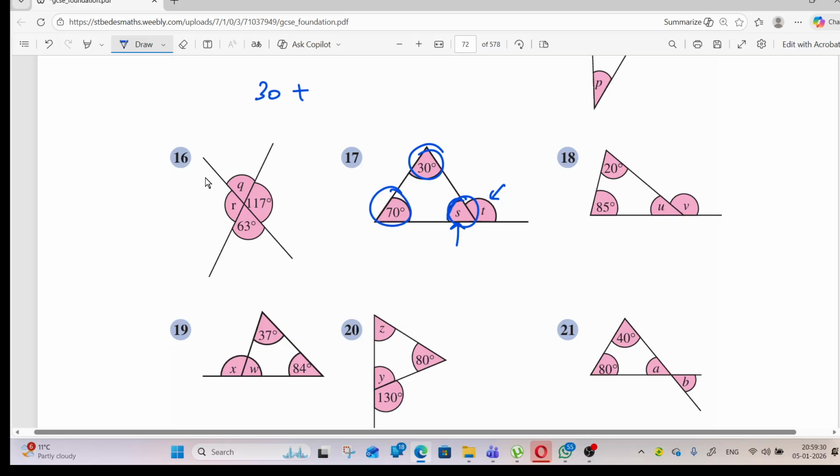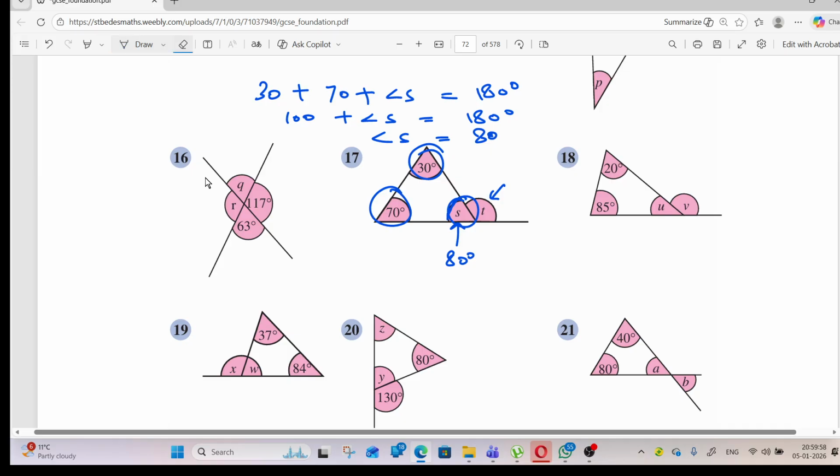So 30 plus 70 plus angle S is equal to 180 degrees. Now if I add them, 70 plus 30 is 100. Here I got 100 plus angle S is equal to 180. On both sides I can subtract 100, or the other way is just remember that if this is plus 100, you need to do the opposite here. So 180 minus 100 gives me 80. So angle S is 80 degrees.